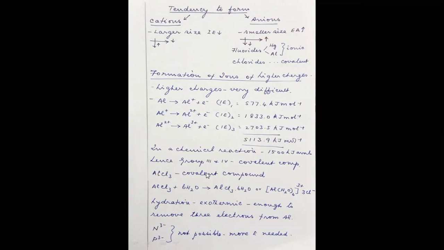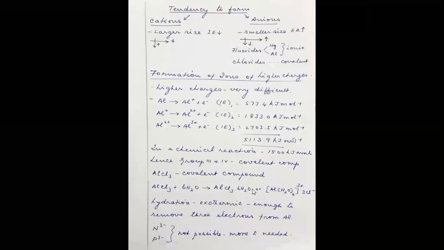So group 3 and 4 elements are not forming ionic compounds, they form only covalent compounds. That is how aluminium chloride is a covalent compound, which is not an ionic compound. But when you put aluminium chloride in water, what you get is aluminium chloride hexahydrate.